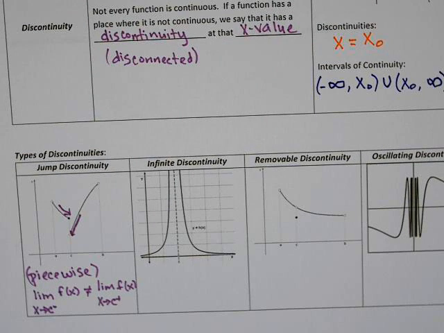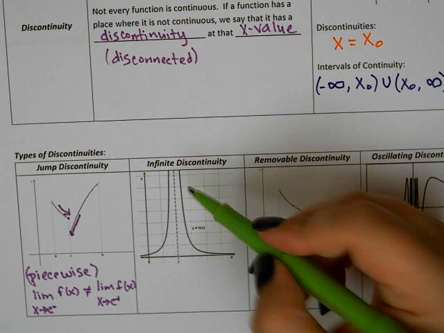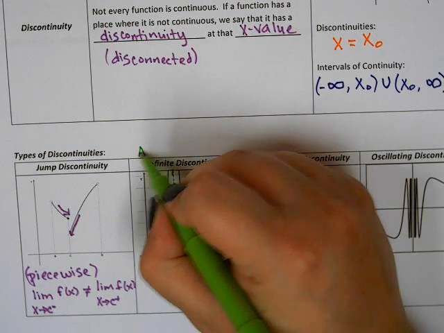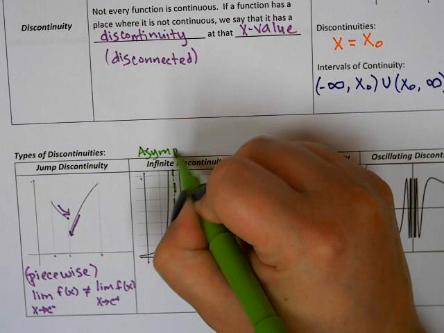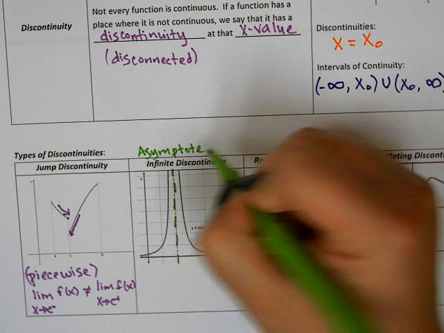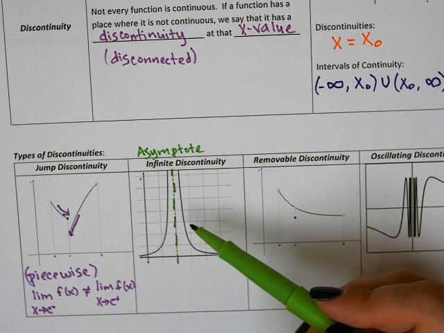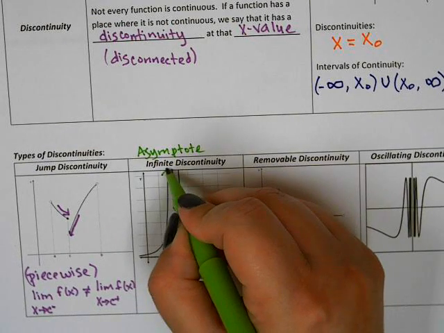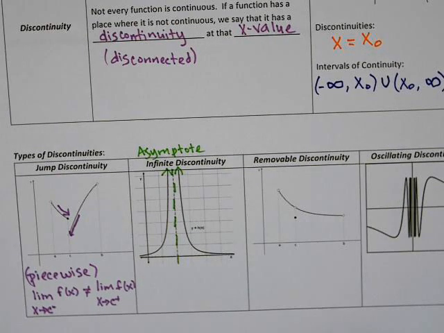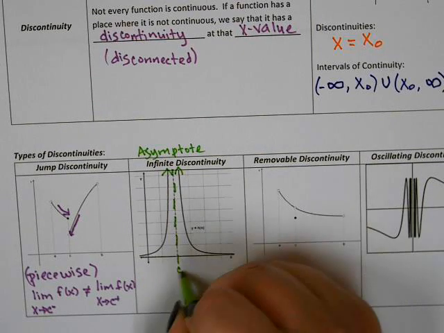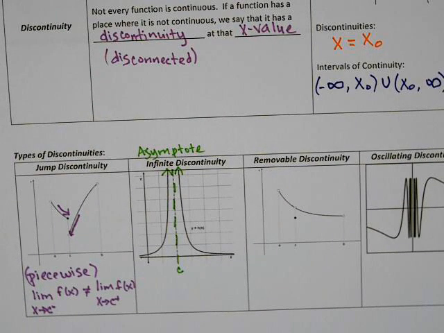Now let's look at the infinite discontinuity. You can probably already look at that and say, oh, this right here, that's an asymptote. So infinite discontinuity is just a fancy way of saying asymptote. When we look at this one, we can see that the limits do equal each other, but there's no function value right there. I'm going to call this c, so we can continue to use c.